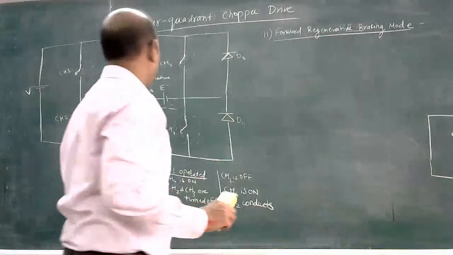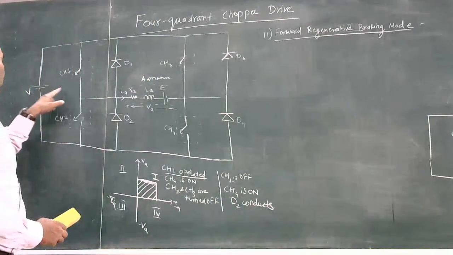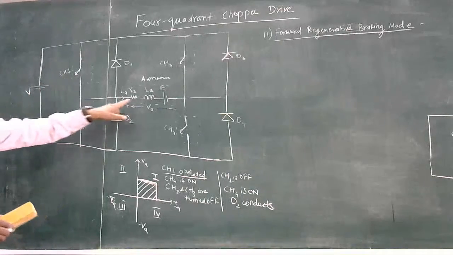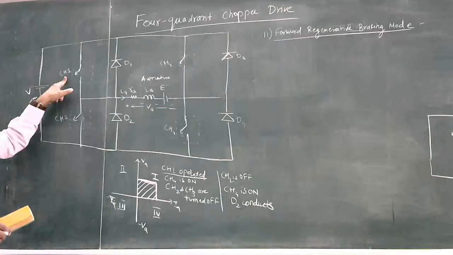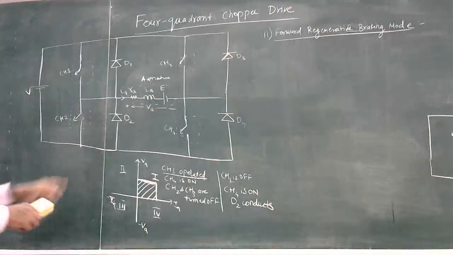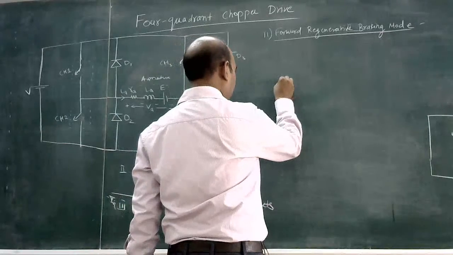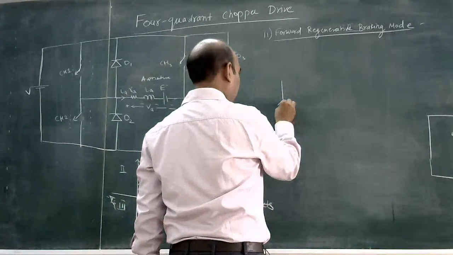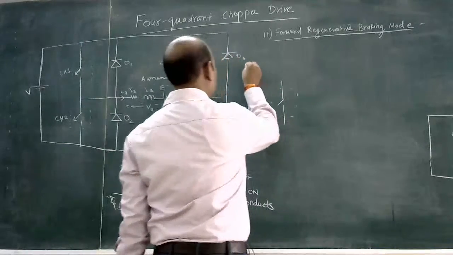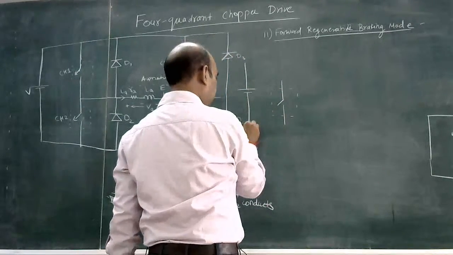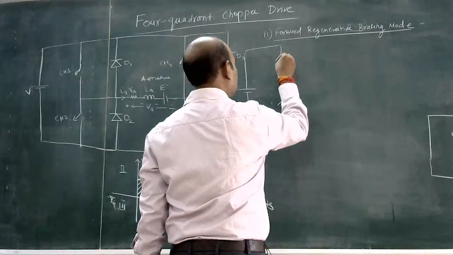So for this we operate CH2. Okay, so here this motor is disconnected from supply when we open this CH1. So now CH2 will be turned on. This is the case. Here supply voltage is open.